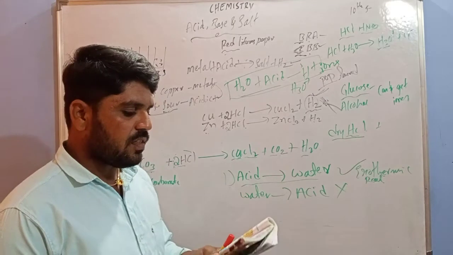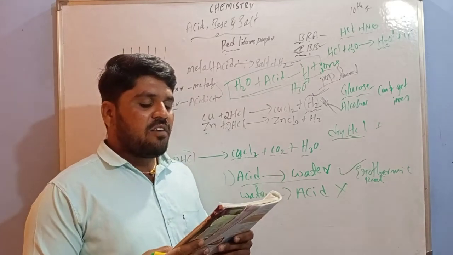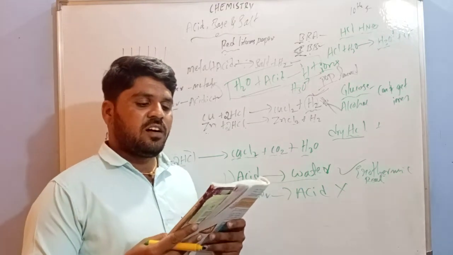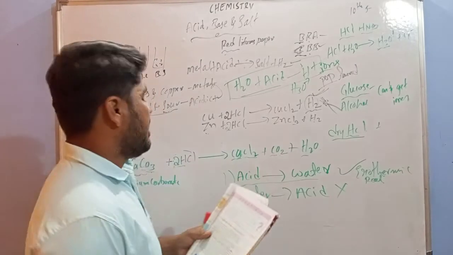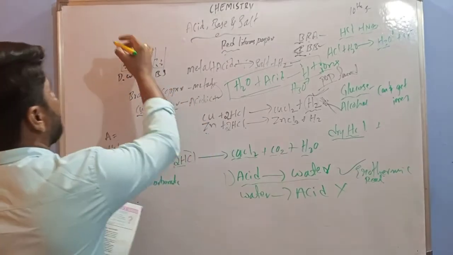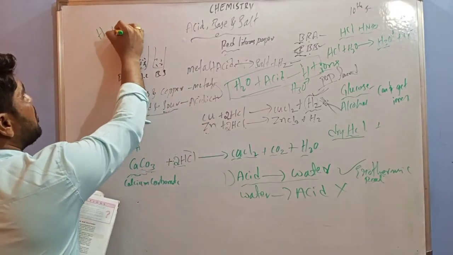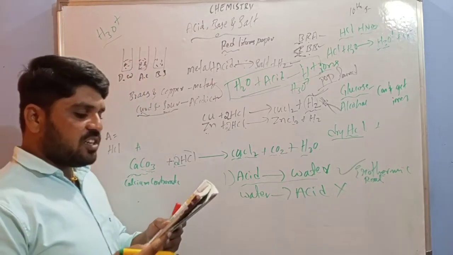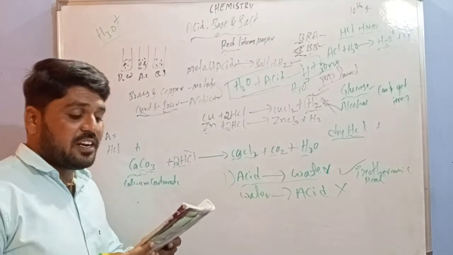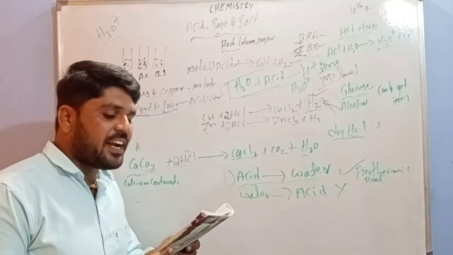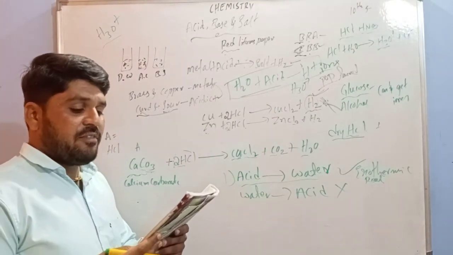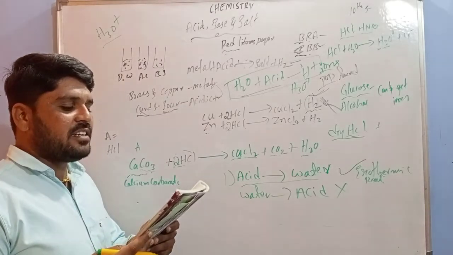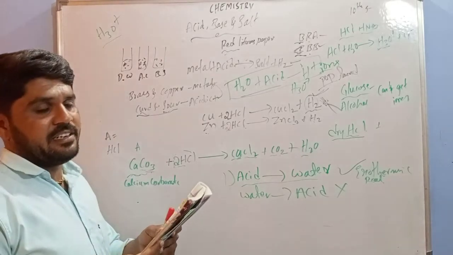Next, the fifth question. The symbol of the hydronium ion is H3O plus. The question asks how the concentration of hydronium ions is affected when a solution of an acid is diluted.